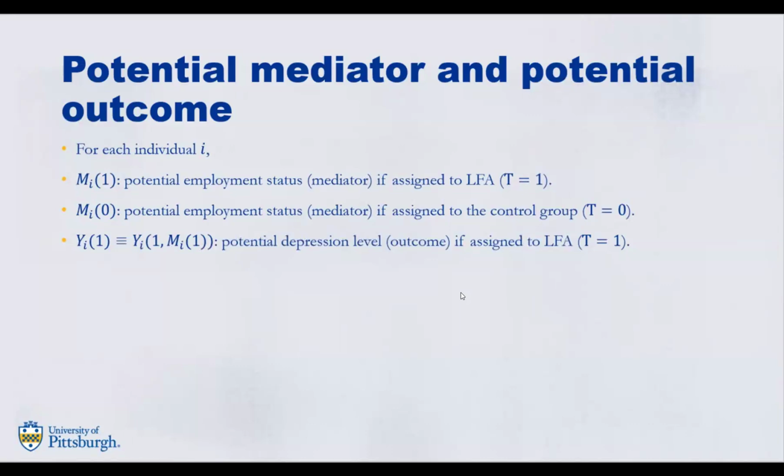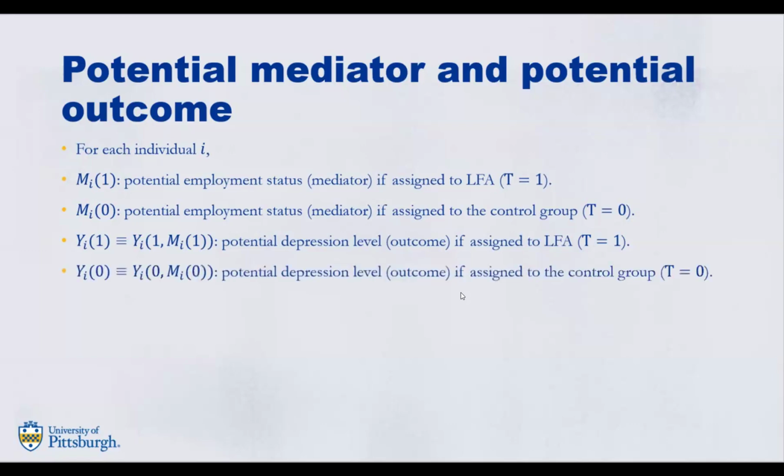So Y_i(1) can be equivalently written as Y_i(1, M_i(1)). And similarly, we can define the potential outcome under the control condition, which is Y_i(0). And because, as we mentioned, the potential outcome can be defined as a function of both the treatment and potential mediator, it can be equivalently written as Y_i(0, M_i(0)).